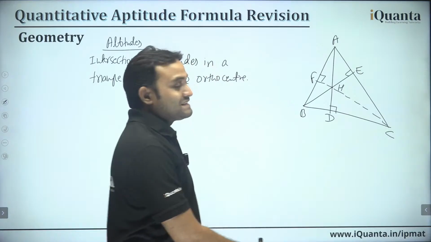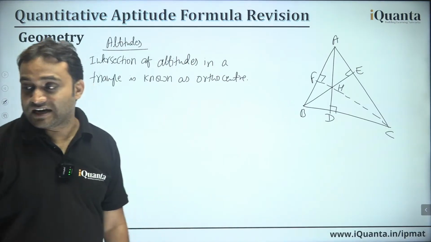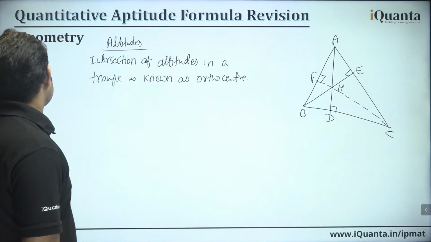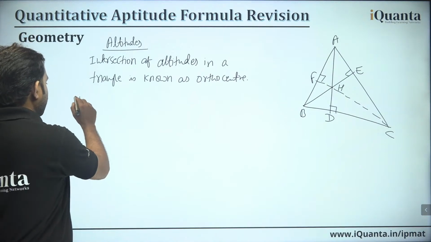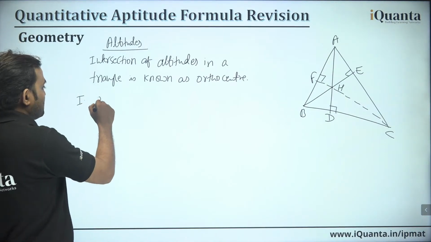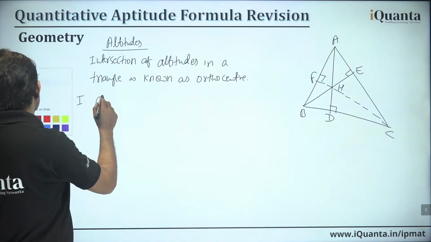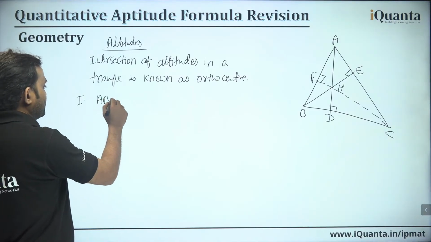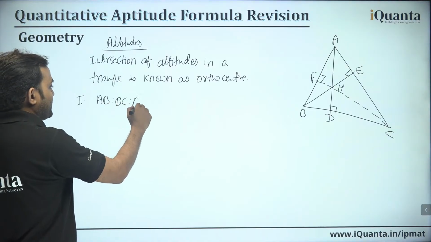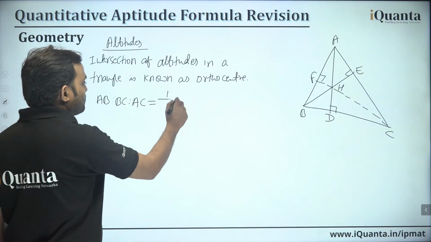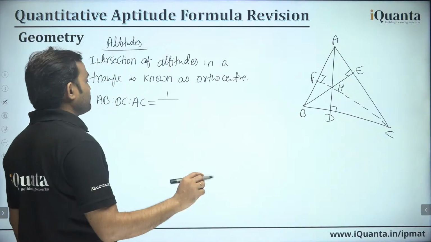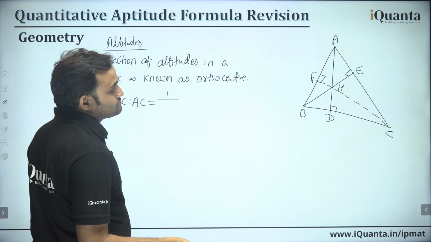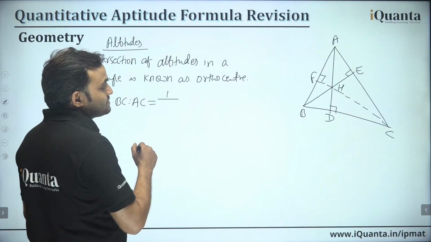So as you can see, these are the altitudes, है ना? These are the altitudes, and if the side lengths are a, b, c, what we can say? a is to b is to c, or we can say AB is to BC is to AC will be equal to 1 by the altitude opposite to AB. Opposite to AB, the altitude is CF.